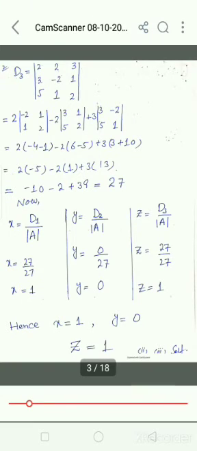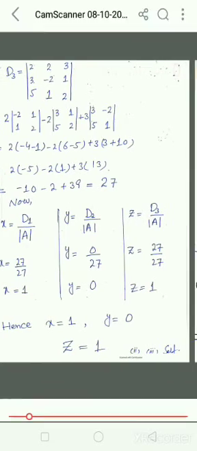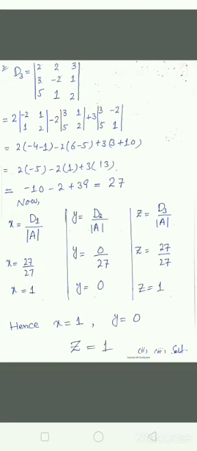The main determinant, which was the main matrix A, was calculated before, which was equal to 27.